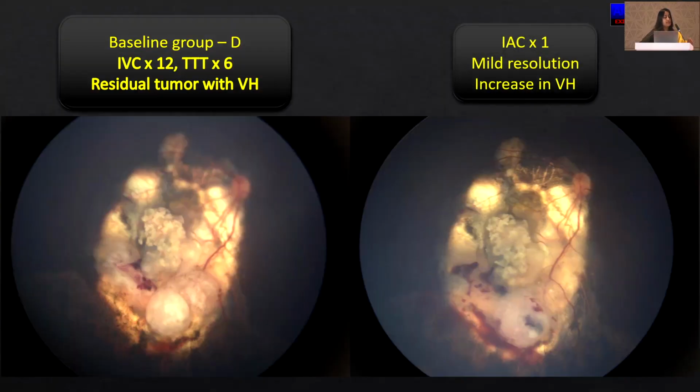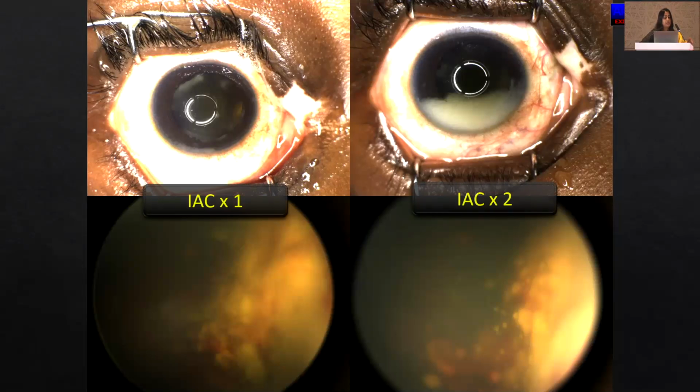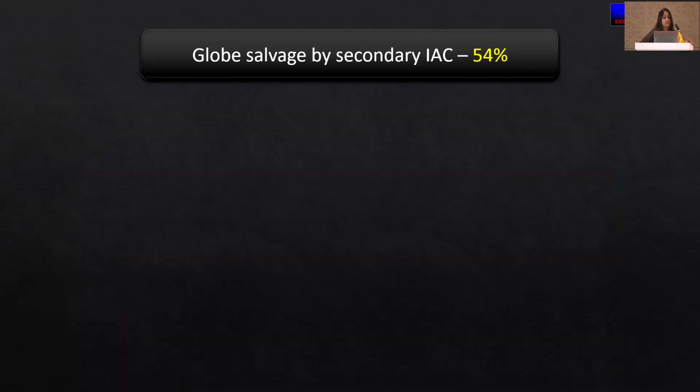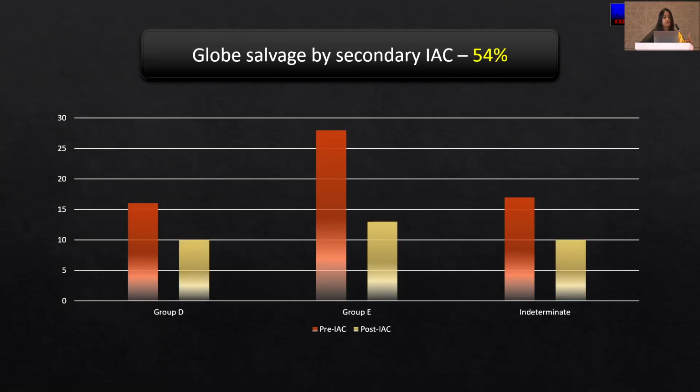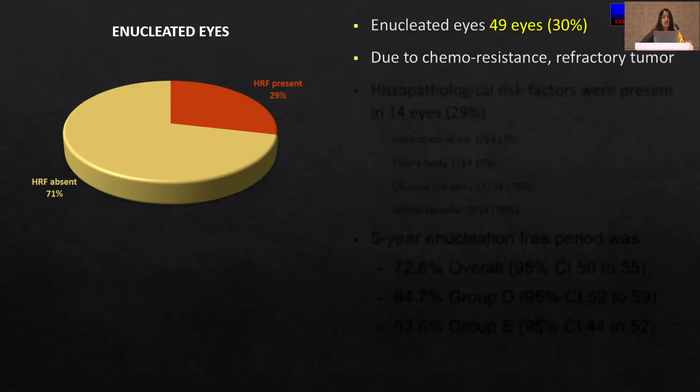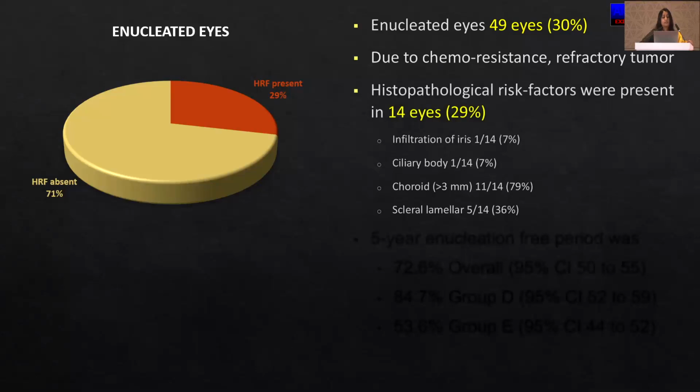However, we did not see a good enough response in cases with vitreous hemorrhage or anterior chamber seeds, and therefore a 54% globe salvage by secondary IAC was obtained, which is a very high number. Of the enucleated eyes, we saw only 30% due to chemoresistance and refractory tumor.